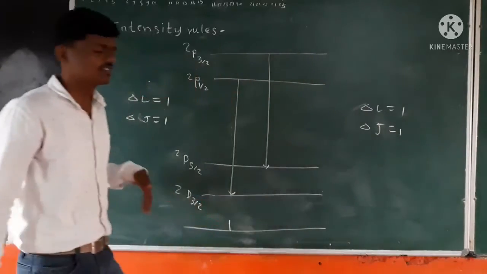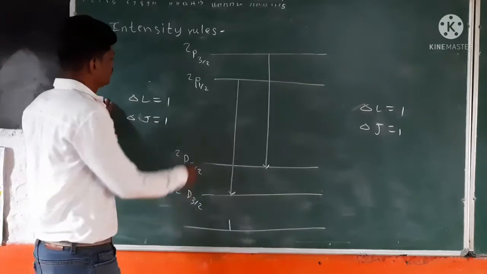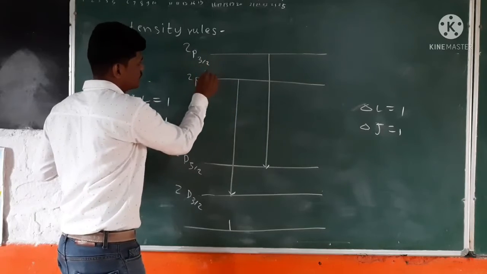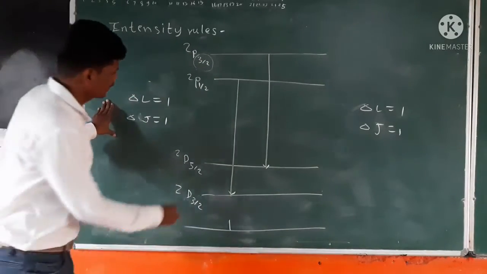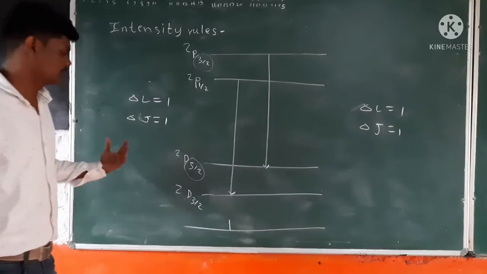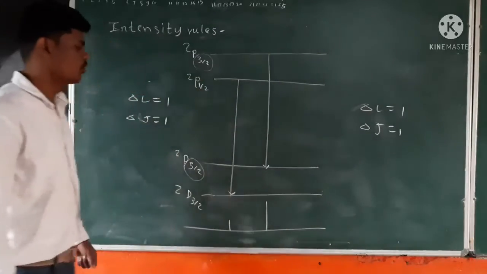Now, what is the next step in the rules for intensity? Whichever transition has the higher J value, that is the largest J value, will be the more intense line. So this line is more intense.